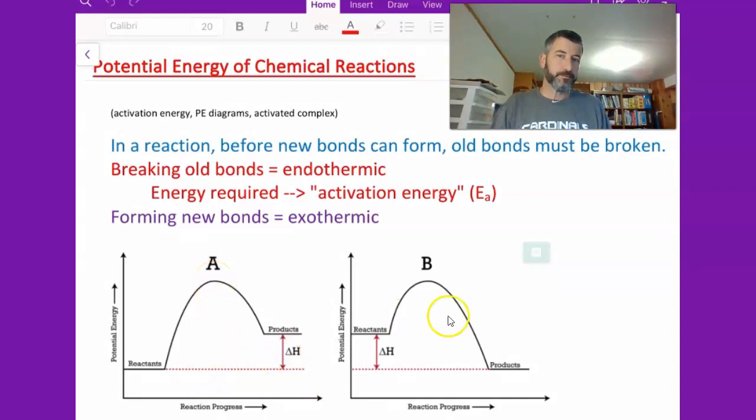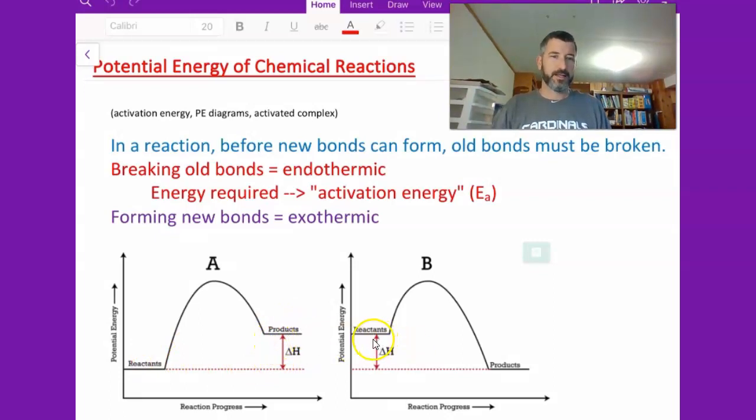Okay, and again, the lessons did a good job, I think, of showing basically it's like a ball rolling over a hill. If the uphill side is bigger, that means it takes a lot of activation energy, and if the downhill side is smaller, well, that means your products are going to end up with more energy than your reactants had, which means your delta H is positive, so that would be an endothermic reaction.